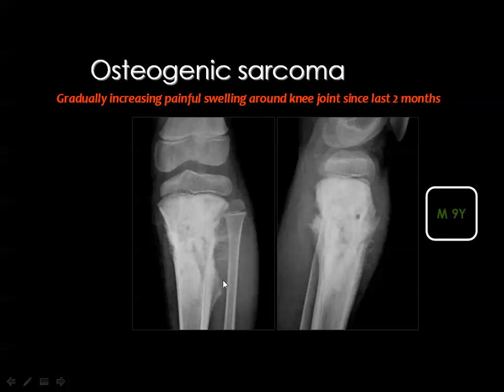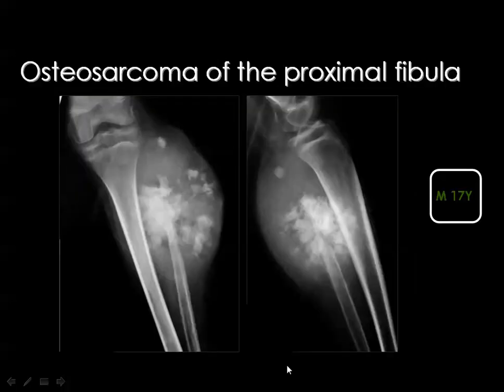You can appreciate the Codman triangle, and of course you can feel the existence of the extraosseous soft tissue component. Here the tumor does not invade the physis, and it does not involve the epiphysis, as you can see from this plain X-ray.